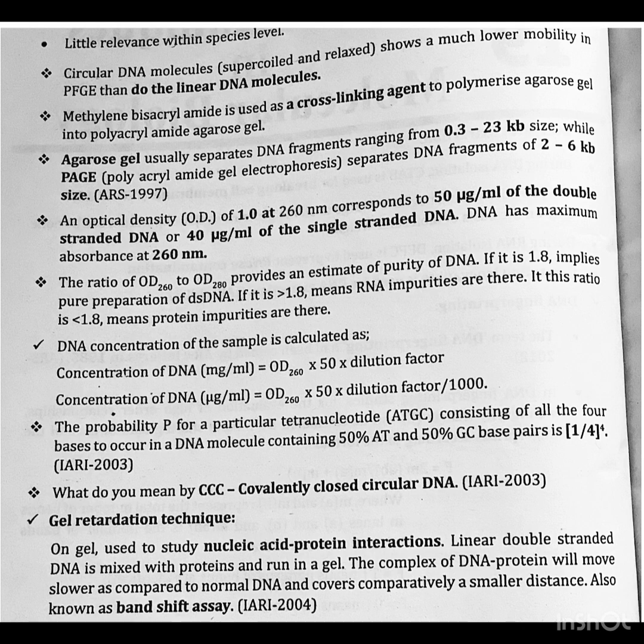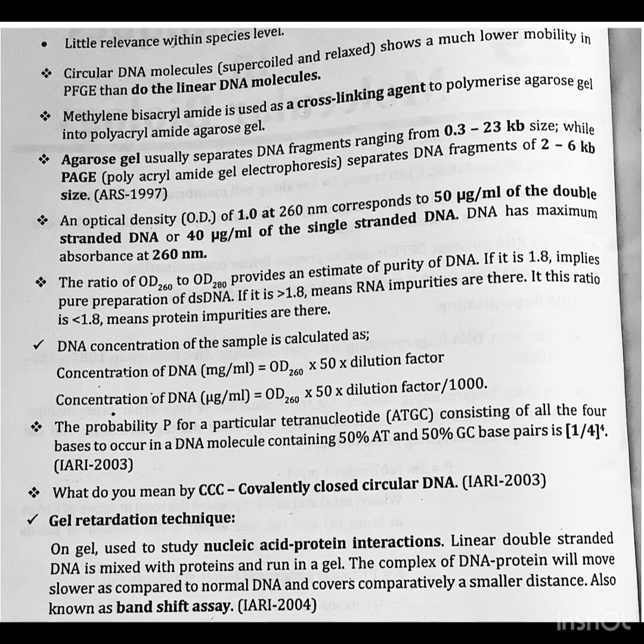Methylene bisacrylamide is used as a cross-linking agent to polymerize acrylamide into polyacrylamide gel. Agarose gel usually separates DNA fragments ranging from 0.3 to 23 kb in size, while PAGE, polyacrylamide gel electrophoresis, separates DNA fragments of 2 to 6 kb size.